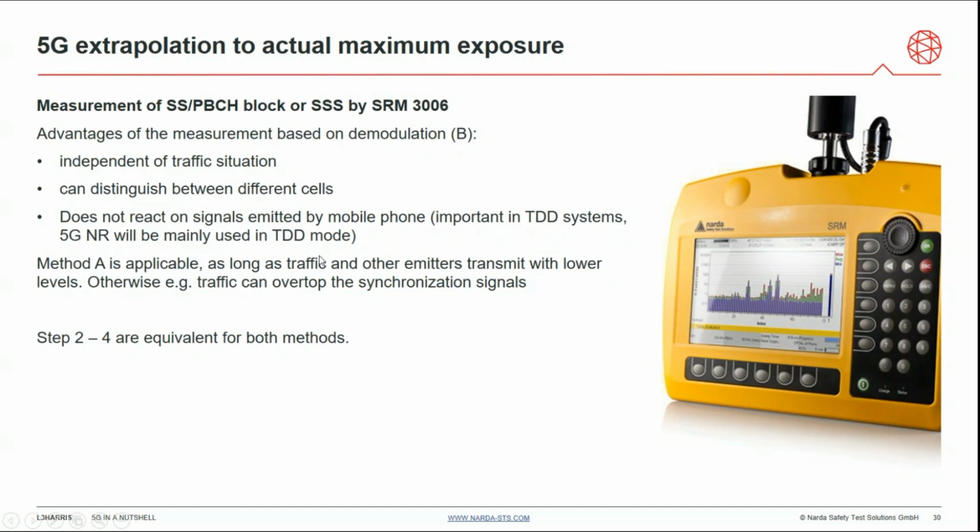So you cancel out the uplink path, the mobile phone contribution, which can be significant if you forget to switch off your mobile phone. If you do the test with the SRM very near the antennas, it would have an effect if you go for frequency selective measurements only, and not check in time domain scope mode or with the demodulated signals. The other steps 2 to 4 are equivalent in both methods.